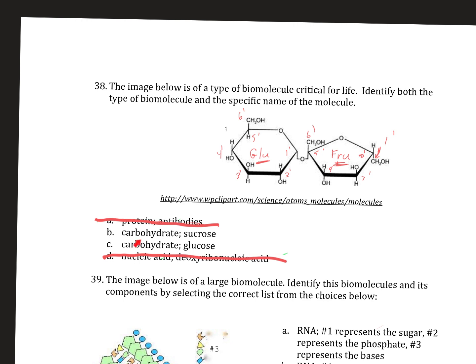Is this a carbohydrate? Yes. Are they both glucose? No. Why not? Look at it. There's two of them. You agree there's two rings? Why are they not both glucose? The shape. What about the shape?